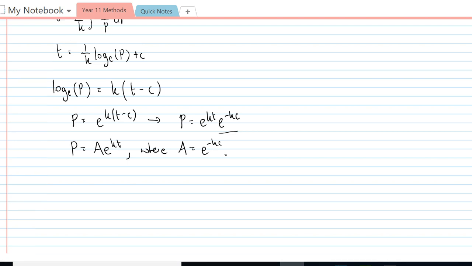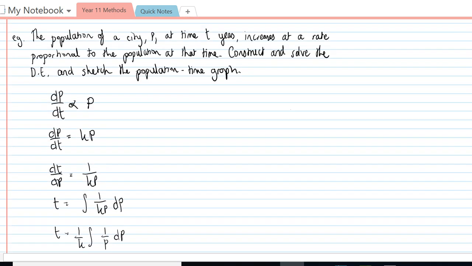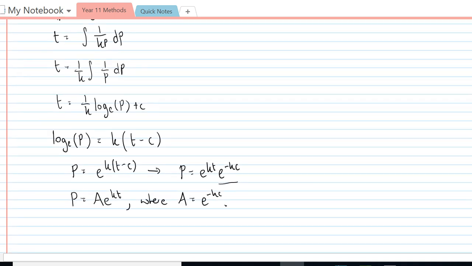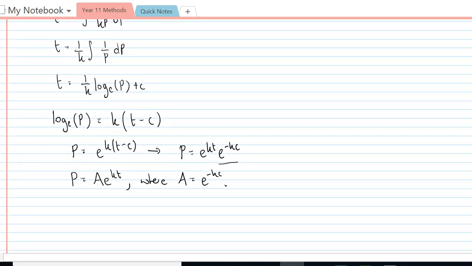Now the other part of this question though is to sketch the population time graph. So just set up the axes here. So we have population, oh, please excuse my horizontal axis, that's awful, against time.